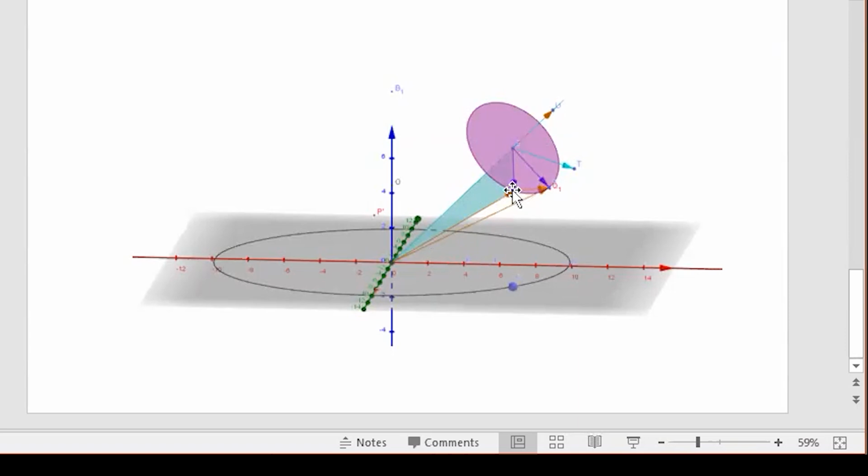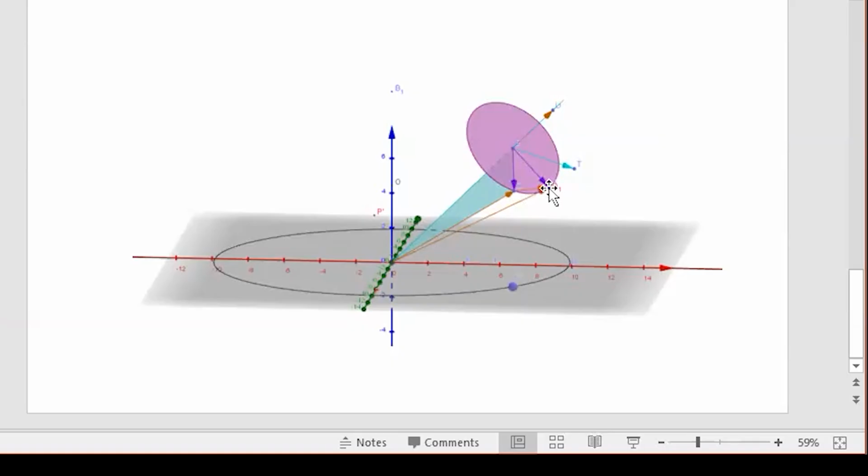The point P here, this is the point P. So OP is the original vector, and this axis is a rotational axis. The vector here is going to be rotated through an angle theta. When it rotates by angle theta along the arc here, it is going to occupy this position.